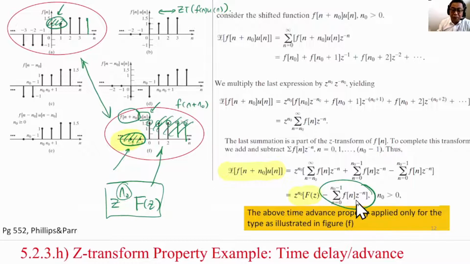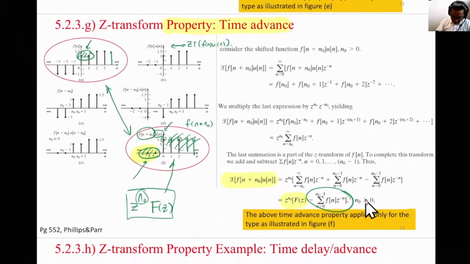So when you perform the Z transform for time advance, you not only have to deal with the signal that is present in both f[n] and f[n+n0], you have to get rid of the signals that have been shifted out into the anti-causal side. That's it. Thank you.